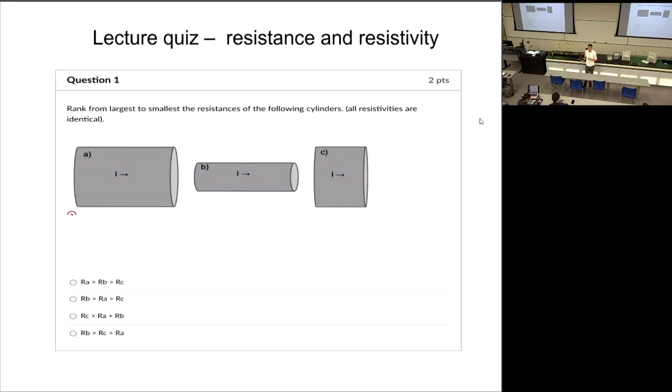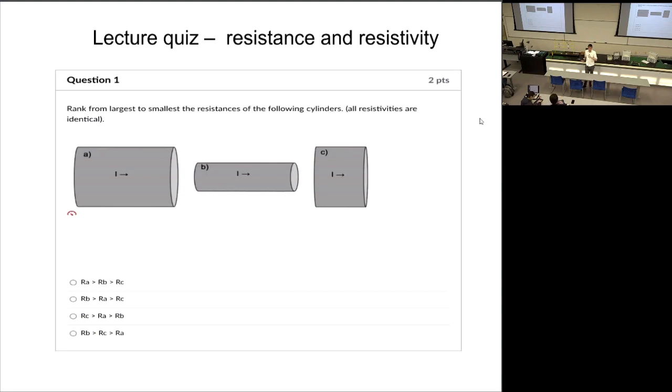Well, one way is to have a longer length of wire. The other thing that would make a larger resistance would be to have a small cross section, a thin wire rather than a thick wire. So we also want to look for a small cross section.